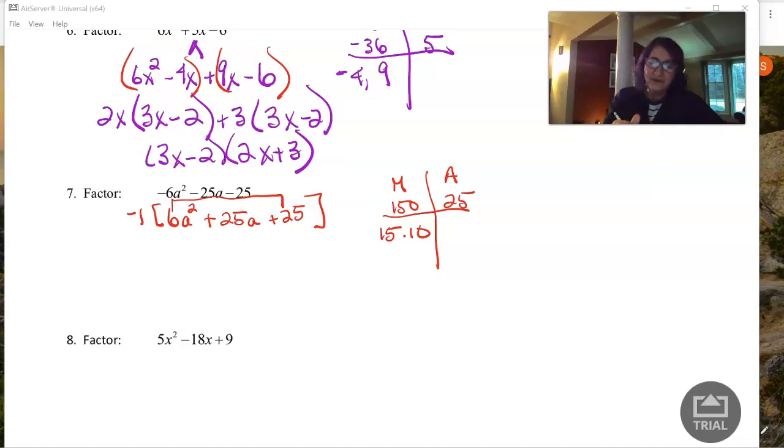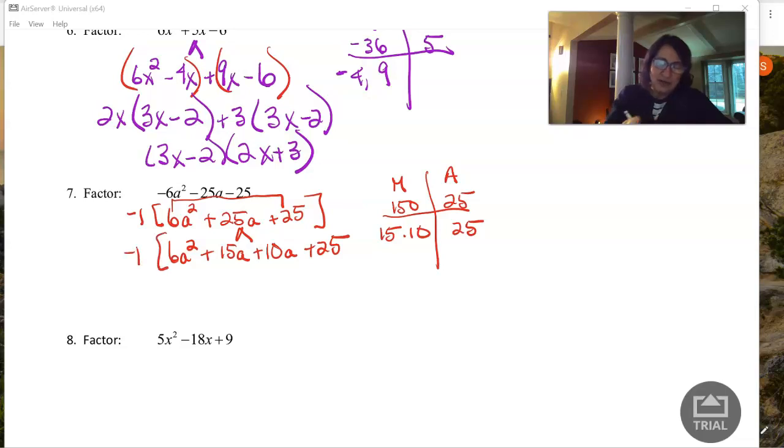So 15 times 10 gives me 150. You add those, you get 25. Let's go ahead, split the middle term. So I've got 6a squared plus 15a plus 10a plus 25.